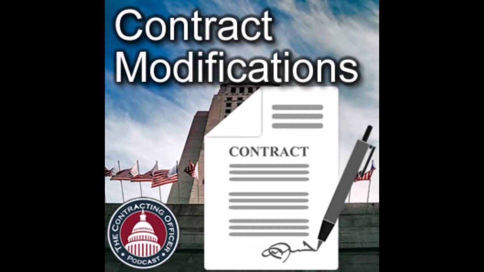Right, and unilateral, that's more for those administrative mods that don't affect the schedule or the specification so much. Or, I mean, we'll talk about change orders later. But unilateral mods are things that the contractor doesn't necessarily have to agree to. The government has the power just to do this. And like I said, that's admin changes, change orders, which result in negotiations later usually, changes that are authorized already, that by signing the original contract, industry has agreed that you, government, can unilaterally change this, like exercise an option or stopping work temporarily, or issuing termination notices.